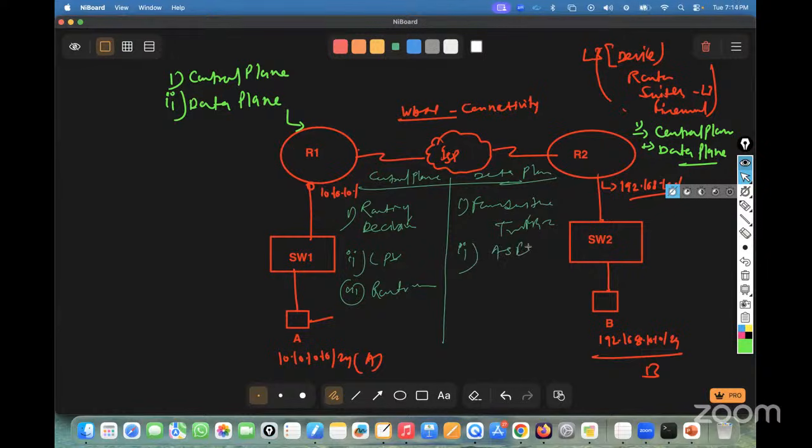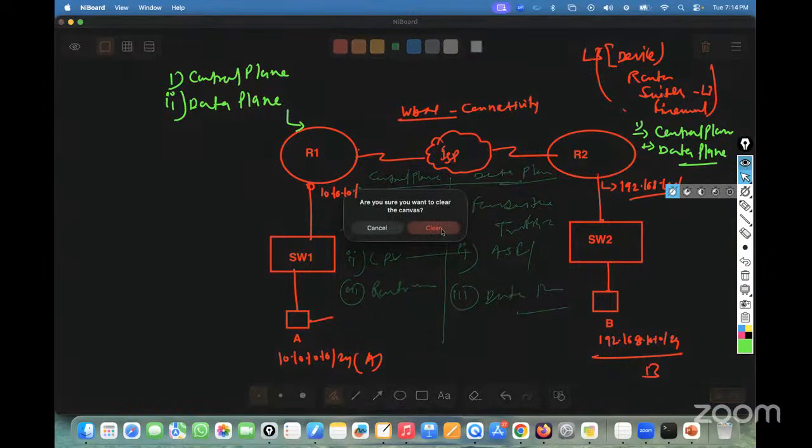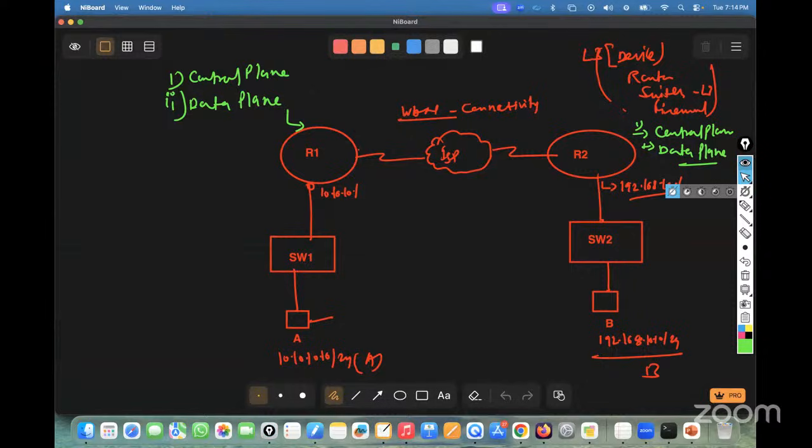Hardware-based processing happens, not CPU-based. They process the packet based on hardware or ASICs. They don't process the routing protocol; they process the actual data packets via the interface. This is how the difference happens, and you will find the same in every router, and also in switches, the same behavior.